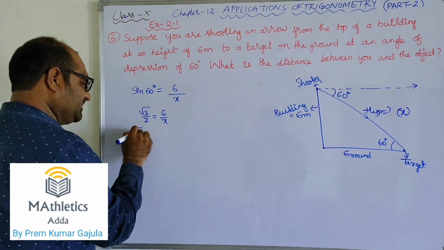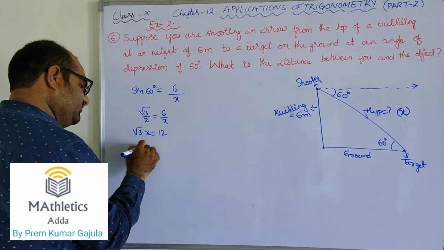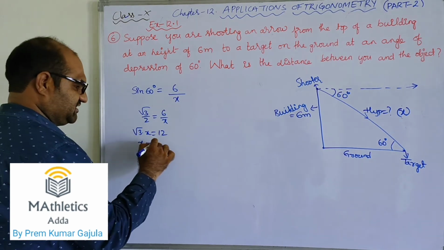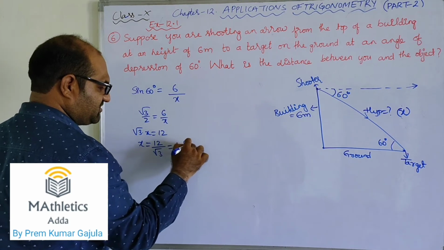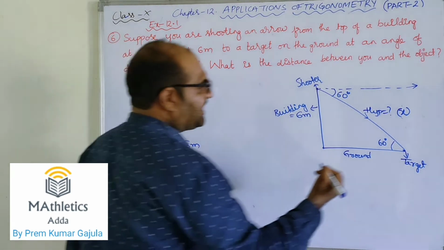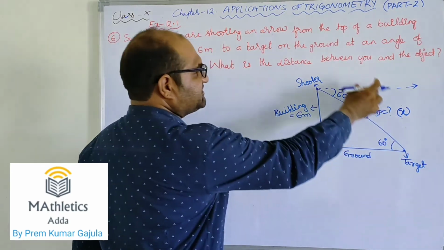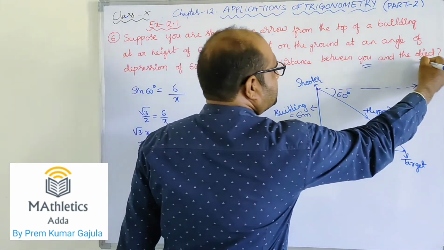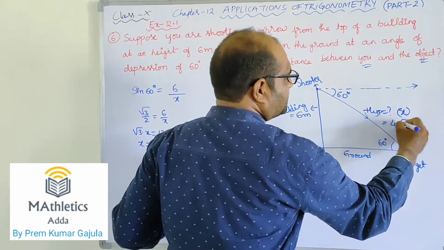Cross multiply, you will get root 3 into x equals 6 into 2, which is 12. We want only x, so shift that root 3 to that side, it becomes 12 by root 3, which is equal to 4 root 3 meter. So what is the distance between the shooter and the target? What is the distance between us and the object? That is the hypotenuse, 4 root 3 meters.